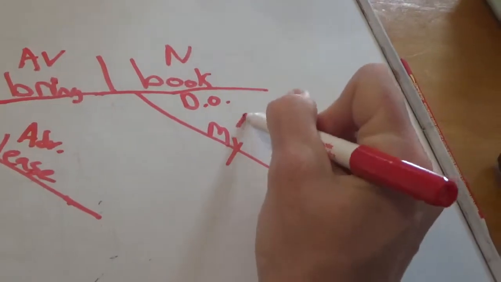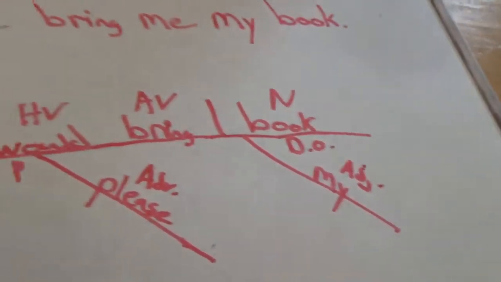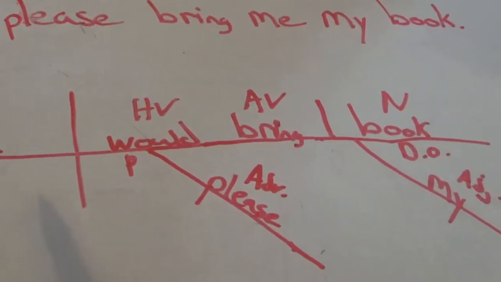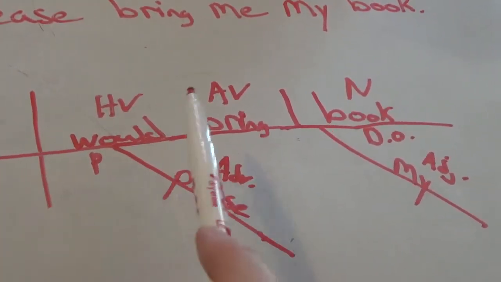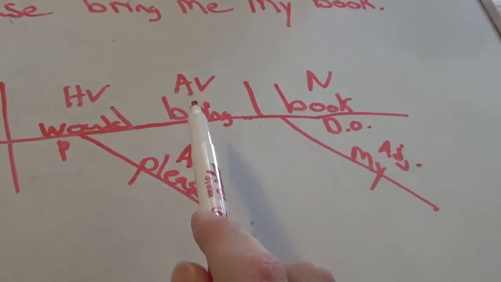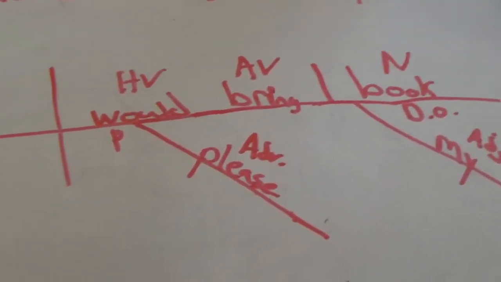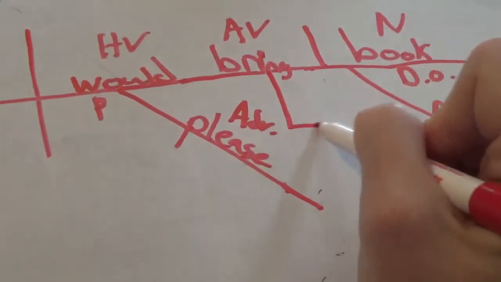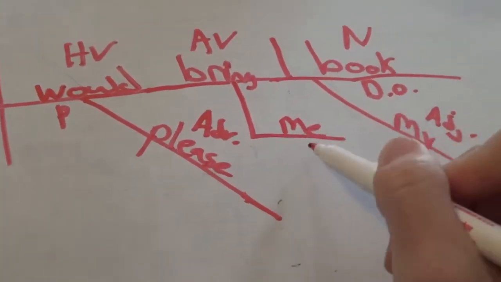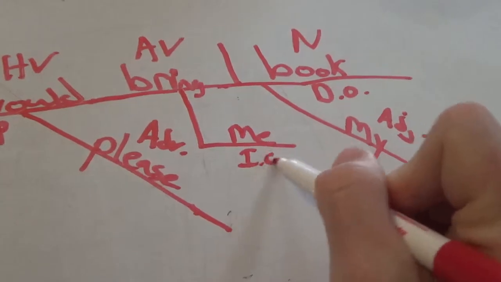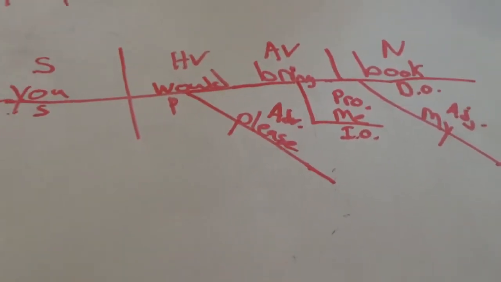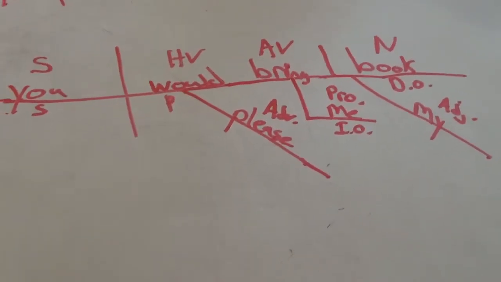My book. My is an adjective. So let's see if we've got all the parts of the sentence except mom. You, see, would you please bring my book? Oh, we forgot me, and me is an indirect object. Bring a book to or for whom? Me. It's the indirect object, and it is a pronoun. Okay. So there's how we would diagram that part of the sentence.